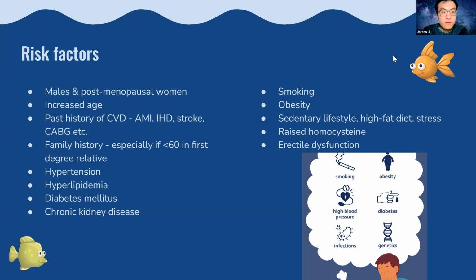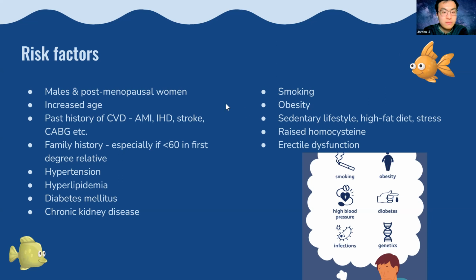Family history of heart conditions could also be a risk factor, especially if the condition caused death of a first-degree relative younger than 60. So that's very high risk.